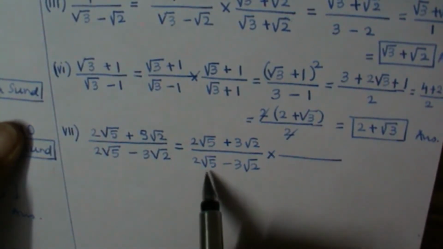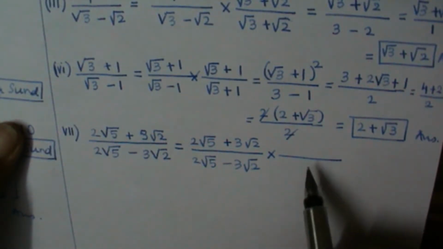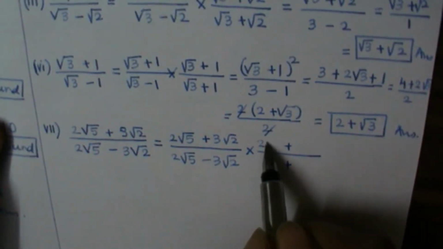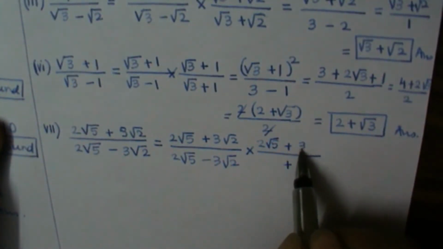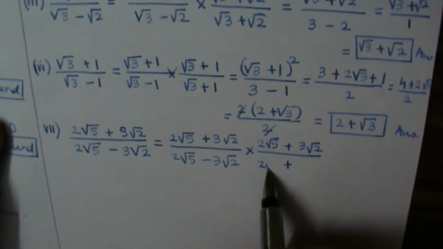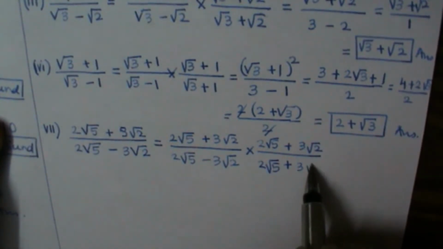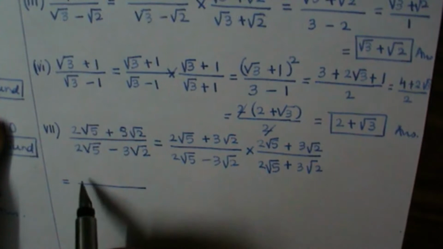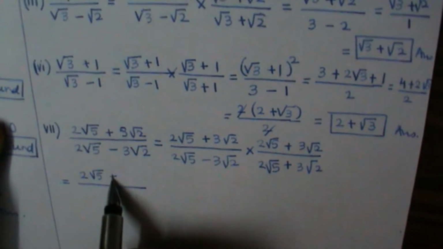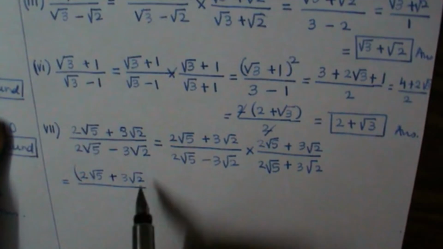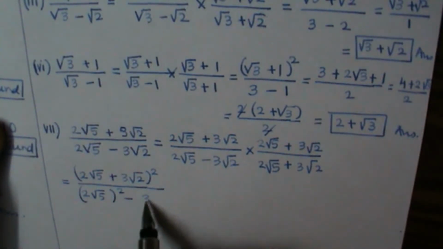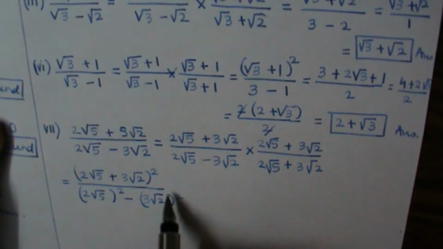Multiply and divide by, there is minus sign here, so I should put plus sign here, and that should give me 2 root 5 plus 3 root 2, and that is going to give me in the numerator 2 root 5 plus 3 root 2 whole square upon 2 root 5 whole square minus 3 root 2 whole square.